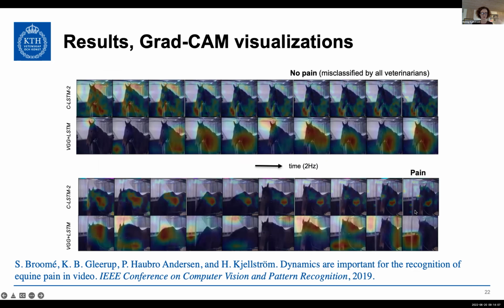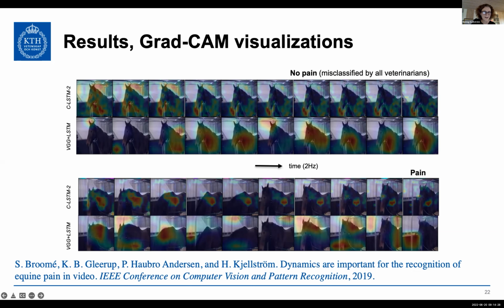We found that the CLSTM performs a little better, but it's also interesting to look at what the different networks actually learned. So here are 2 sequences, one which is no pain and the other is pain.